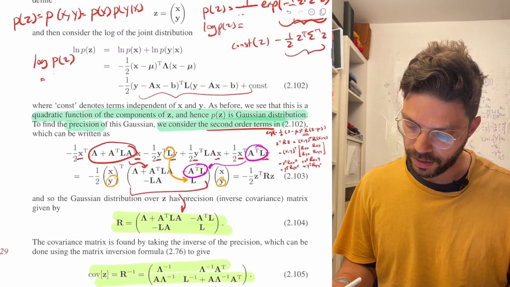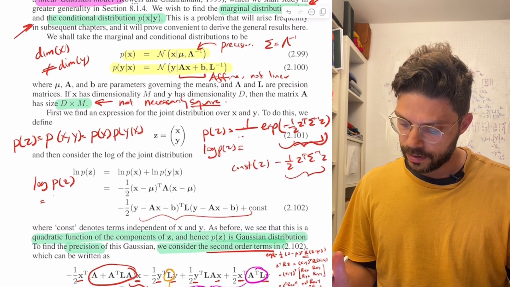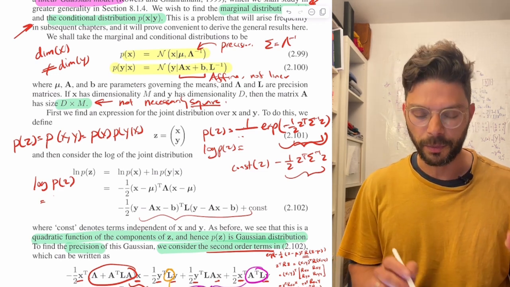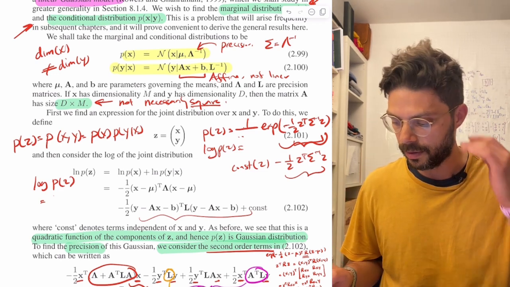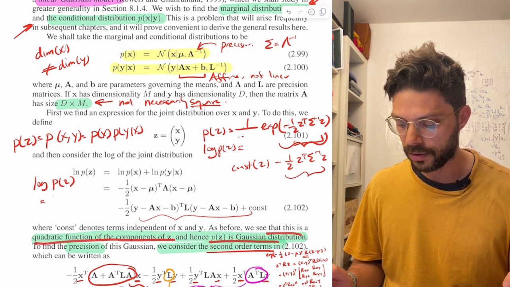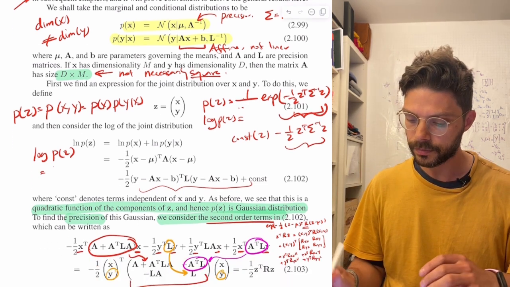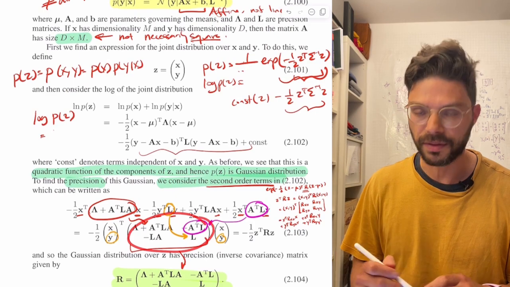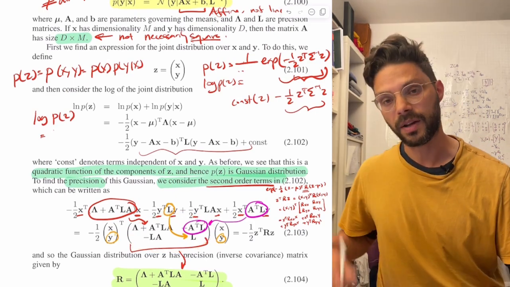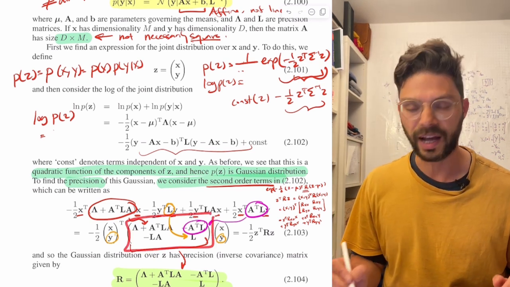One thing too, this is kind of a technical point. It almost never comes up, you almost never have to worry about this, but we see that this is a quadratic function of the components of z. Hence, p of z is a Gaussian. It's not enough for it to be a quadratic. It's important that your precision matrix is positive definite. So you need it to have all positive eigenvalues, and these ones will have all positive eigenvalues.